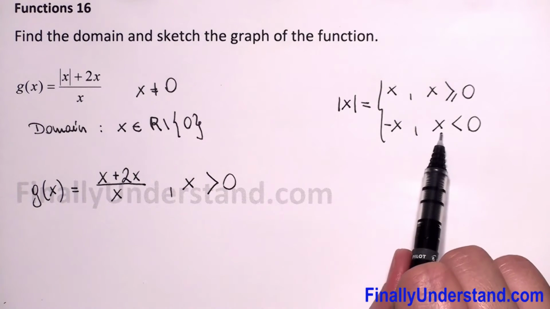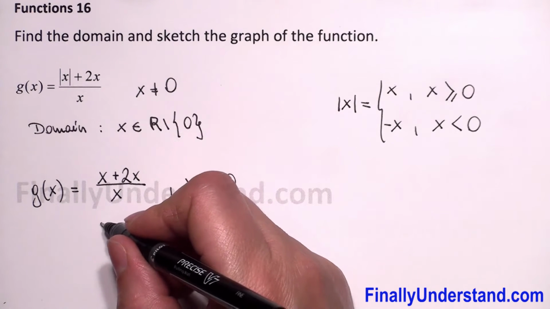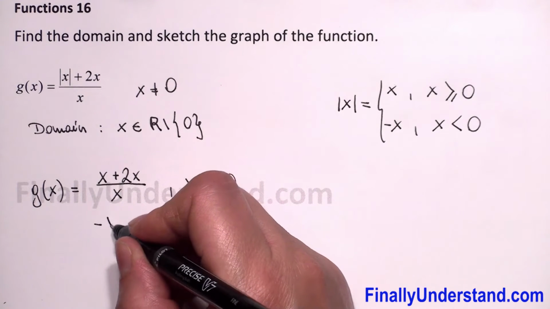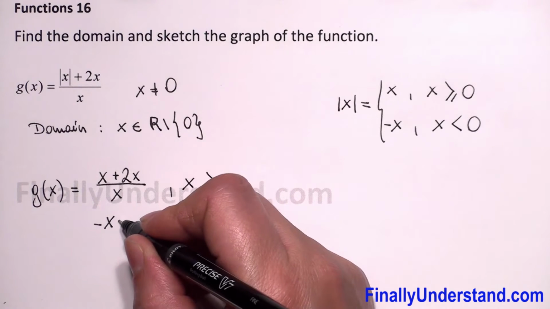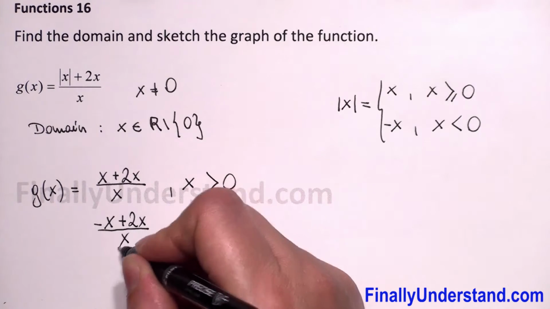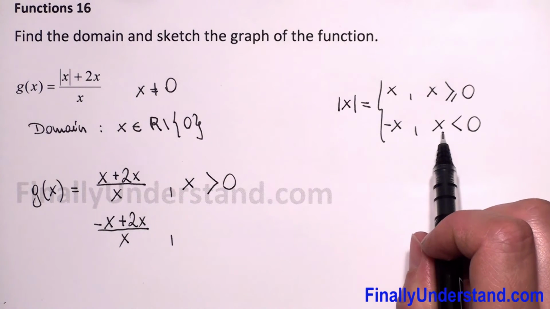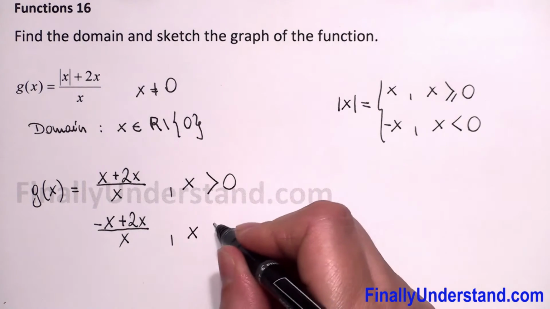And when x is negative, we have to put negative sign before x. So will be negative x plus 2x over x. This part is for value x less than 0.